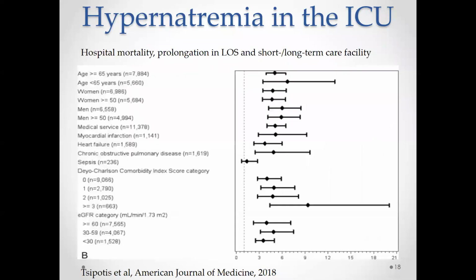They further subgrouped these patients by comorbidities in the hypernatremia group, and they found that patients with heart failure, myocardial infarction, and COPD, and patients with a high Charlson comorbidity index or with CKD at baseline had higher hospital mortality, prolonged length of stay, as well as prolonged long or short-term care facility stay. Sepsis was not associated with it.